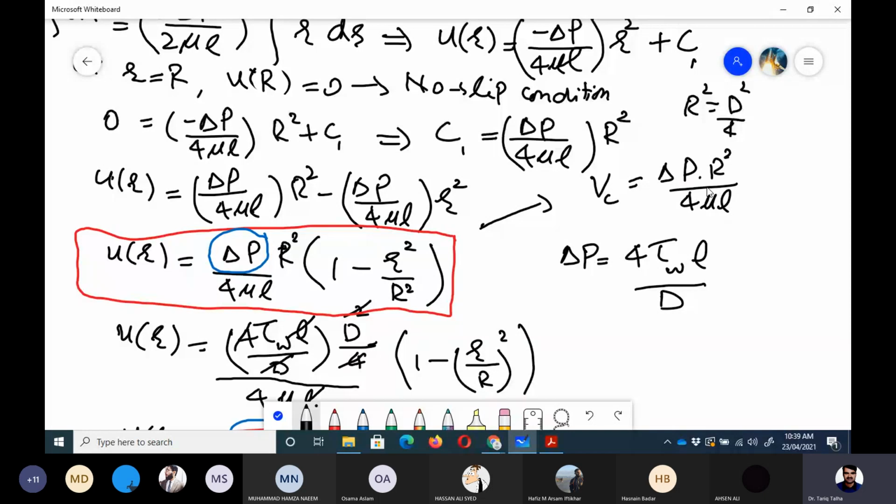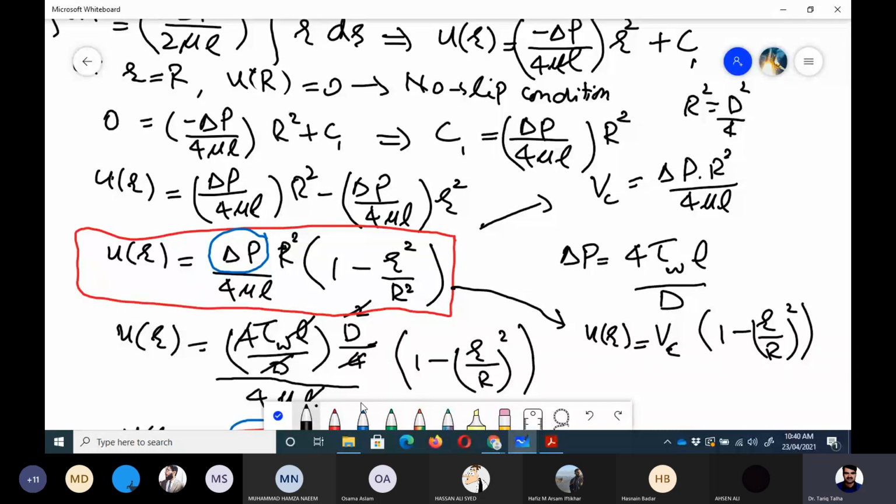So this is our center line velocity, and this relation can also be written like this: U of r is equal to Vc into 1 minus r square upon R square. So now you can see that the complex relation can be written in a very neat form, in which Vc is the center line velocity.